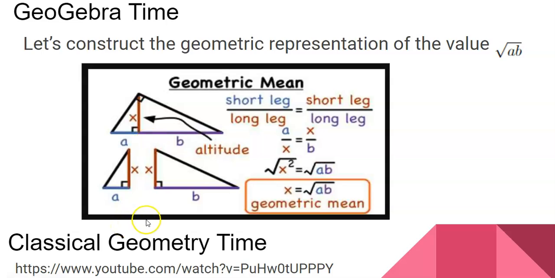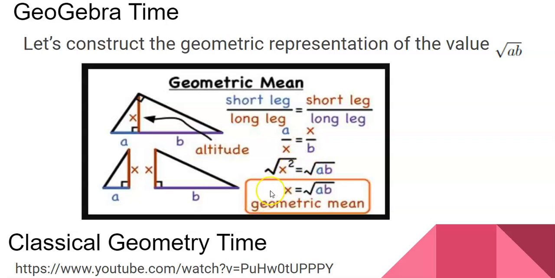By studying this kind of construction, the ancient Greek mathematicians noticed that the proportion of the short leg A of the smaller triangle to its long leg x is equal to the proportion of the short leg x of the bigger triangle to its long leg b. So again, there is a proportion between A and x that is equal to the proportion x is to b. So you have A over x is equal to x over b.